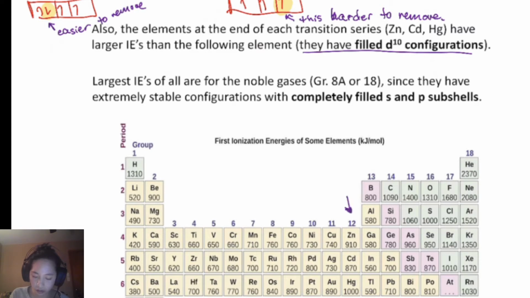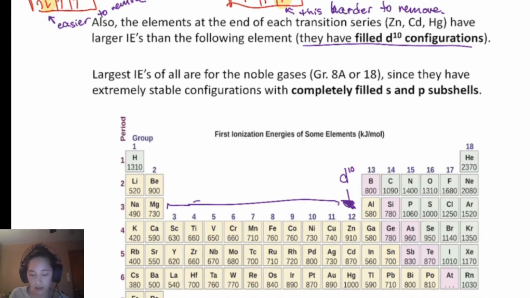So zinc, cadmium, and mercury all have d10 electron configurations. Starting at scandium, this is the whole d block. Zinc, cadmium, and mercury have the highest ionization energy within the d block series.